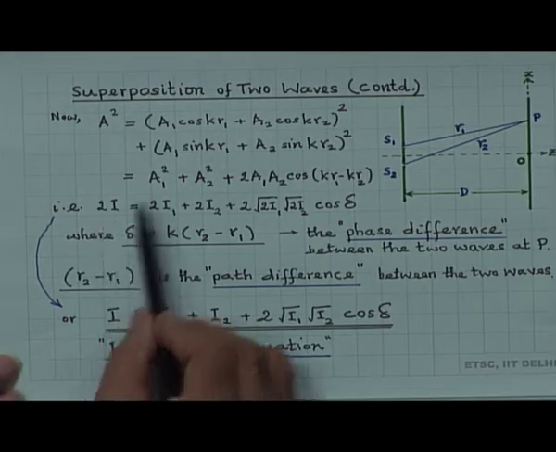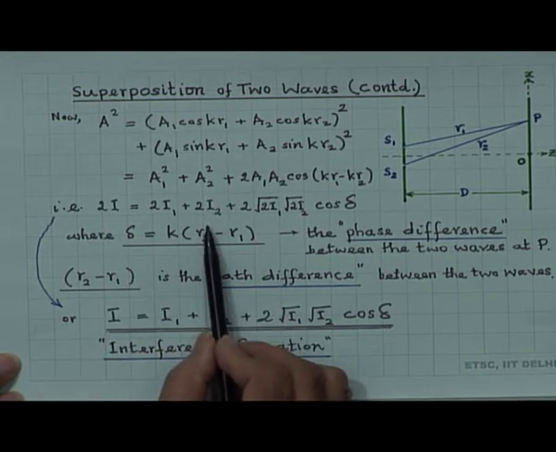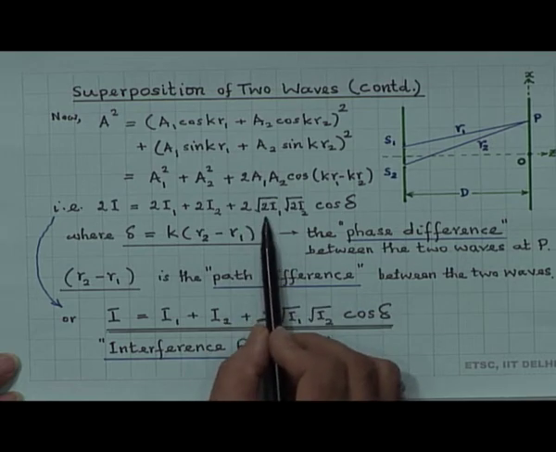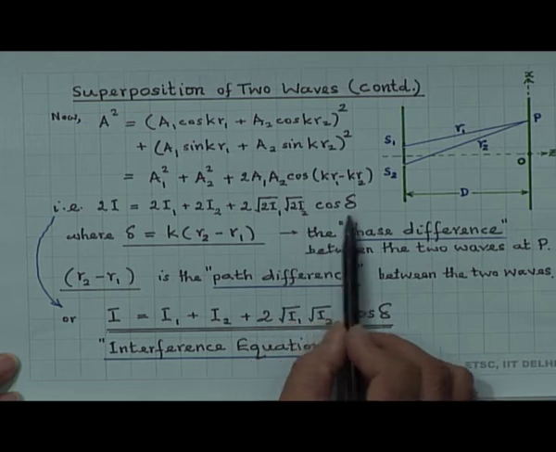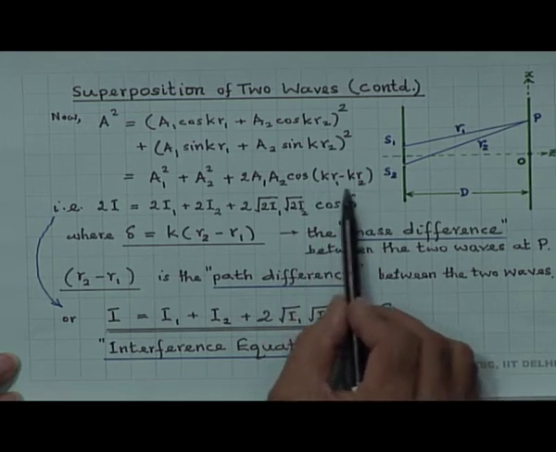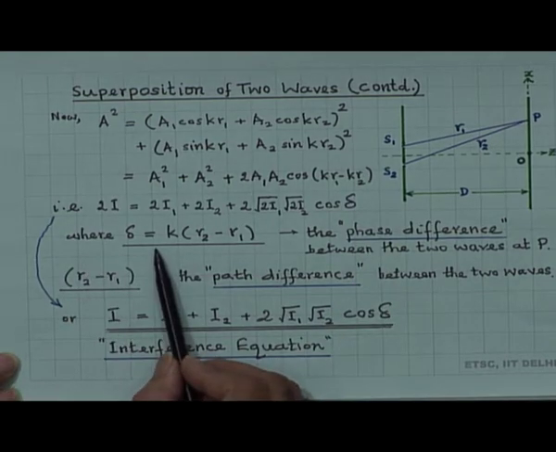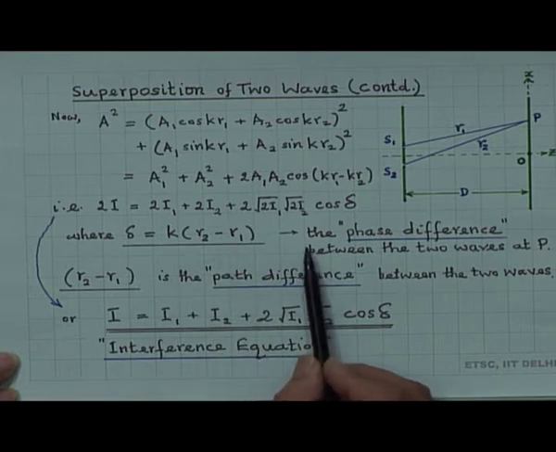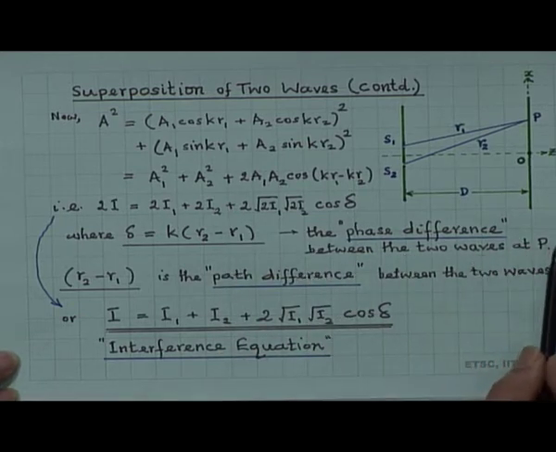So, A square is equal to 2I, which is 2I1 plus 2I2 plus 2 times A1, which is the square root of 2I1, into A2, which is the square root of 2I2, into cos delta. We are calling this delta, where delta is equal to k times r2 minus r1, that is the phase difference between the two waves at P.